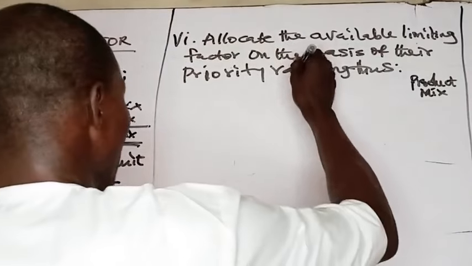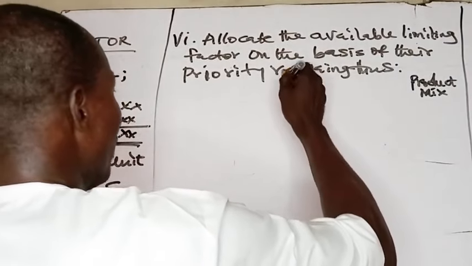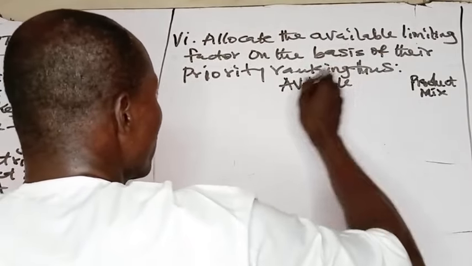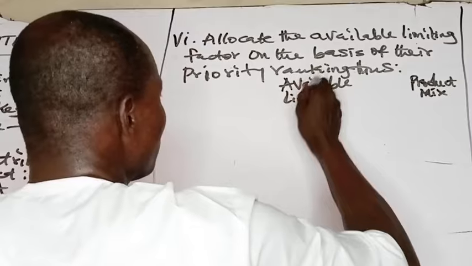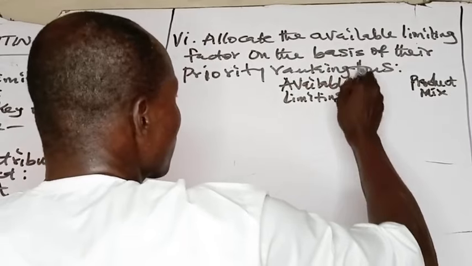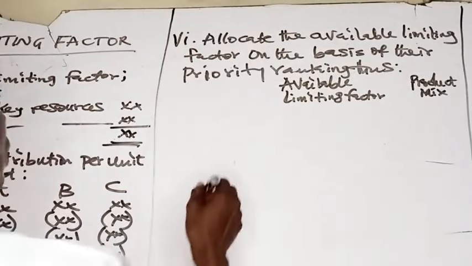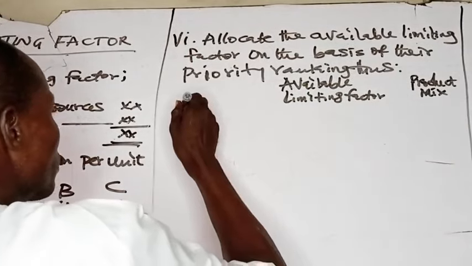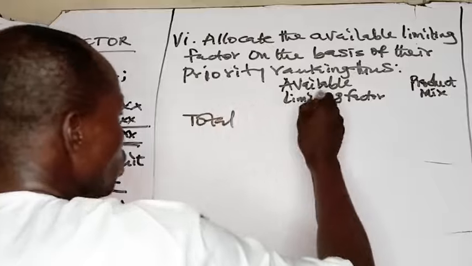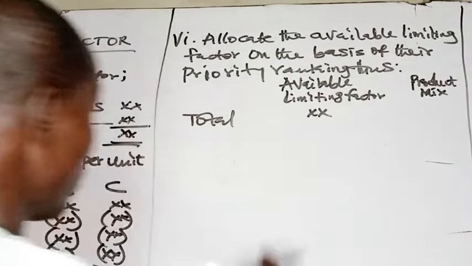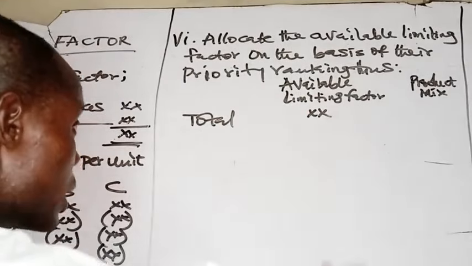So you have the available key limiting factor. So now remember the total available. The total available may be 20,000, it might be 40,000. It is this quantity you want to allocate.